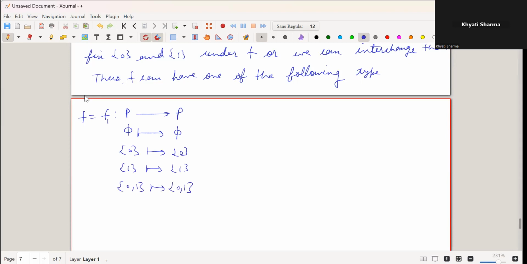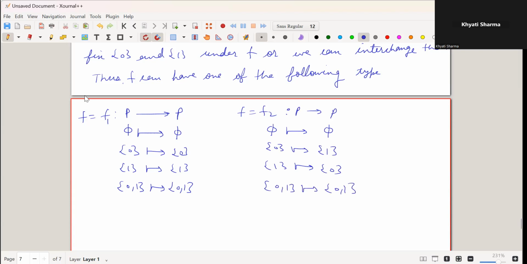So it's order preserving, of course, and the second possibility is f can be f2, which is from P to P, sending phi to phi, {0} to {1}, and {1} to {0}, and then {0, 1} is fixed to {0, 1}.